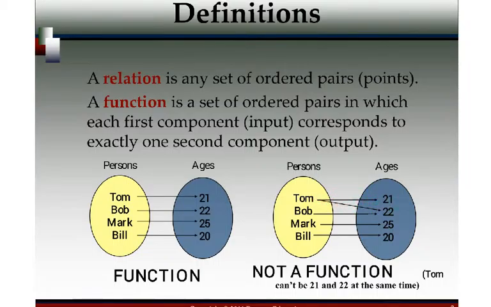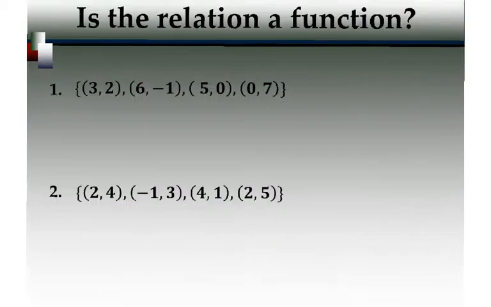Well, this person, Tom, cannot be 21 and 22 at the same exact time. So that's a good way of noting that this is not a function because one x value cannot go to two different y values. Okay, that's how we're going to look at our set of ordered pairs in the next slide.